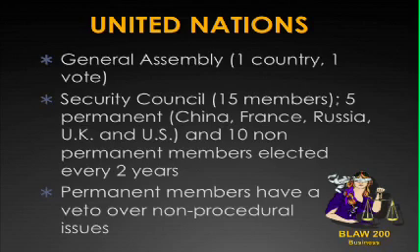Now, the other major part of the United Nations is the Security Council, and there are 5 permanent members of the Security Council. And again, you can read the material. This is historically based because it happened right after World War II. So these are the allies. So we have China, France, Russia, United States, and United Kingdom. 10 other members are elected by the UN for 2-year terms.